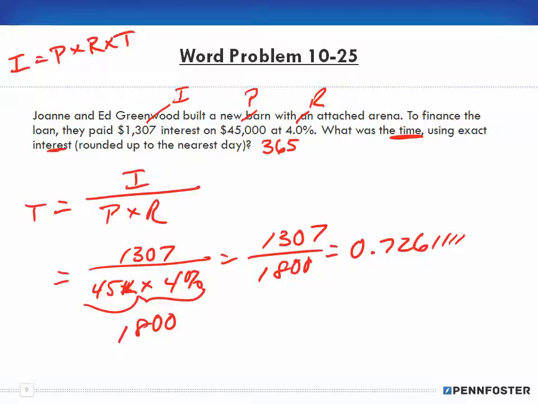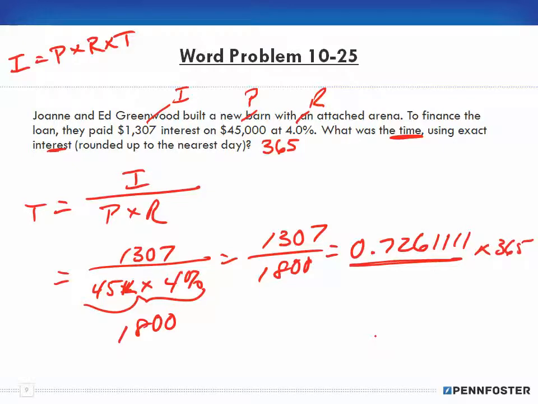Now we're using exact interest, which is 365 days. This is what my calculator is showing at this moment, and I'm going to multiply that by 365 days.